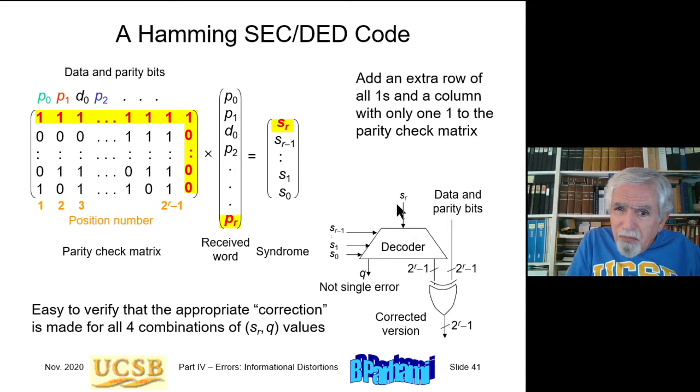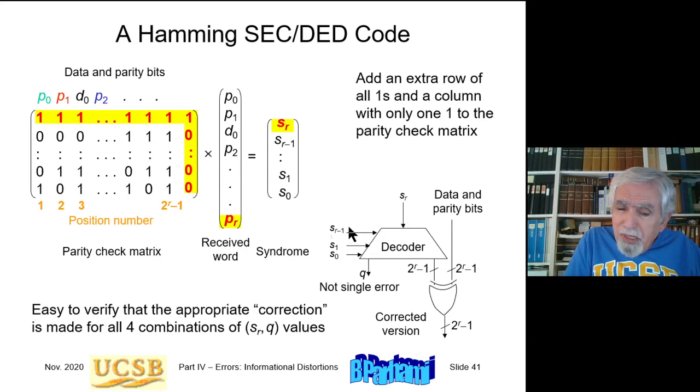If you take this syndrome and input it to the decoder, it's sort of like an enable signal. If this syndrome bit is 0, then all the outputs of the decoder will be 0, and therefore everything is okay. Because you're doing a parity check on all the bits, any single bit error would make this bit equal to 1 and violate this parity check. If this bit is 1, then the decoder is enabled.